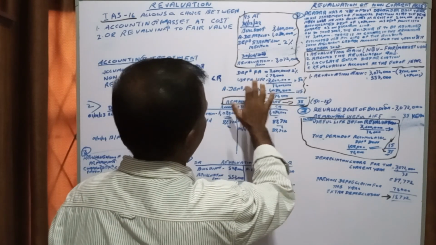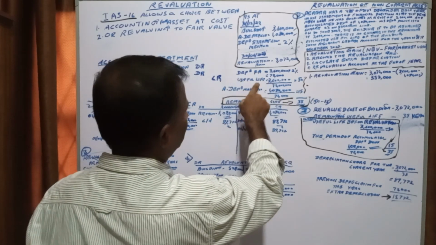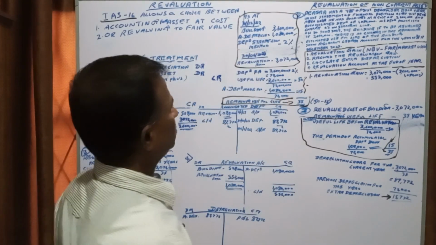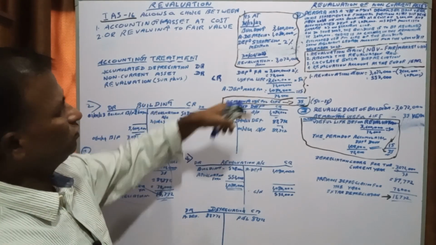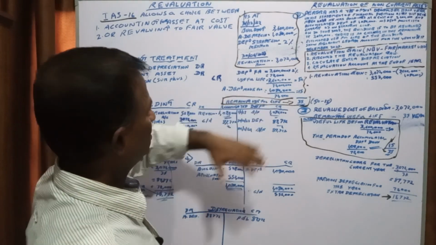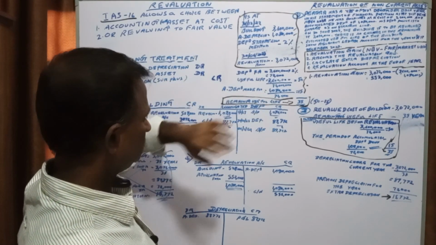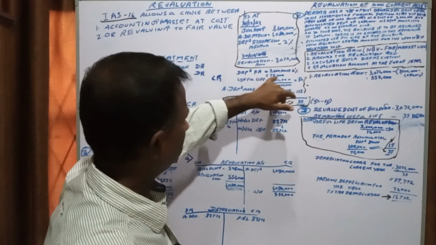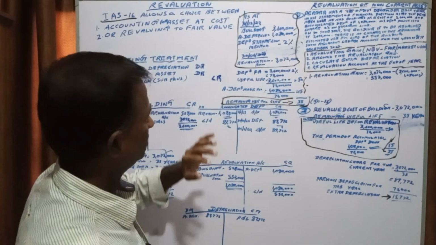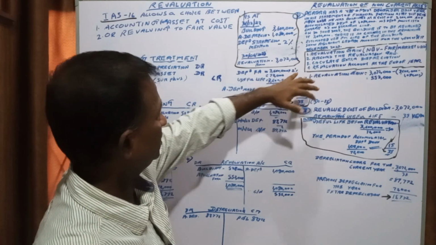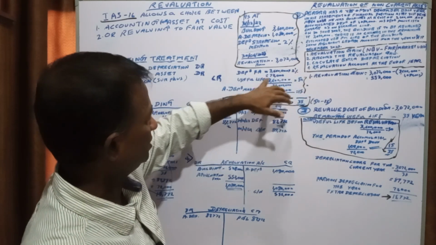So for the useful life, you divide 3,600,000 by 72,000. So you will arrive at the useful lifetime of this asset, the building. The cost is 3,600,000, and if you apply the percentage, the depreciation is 72,000.